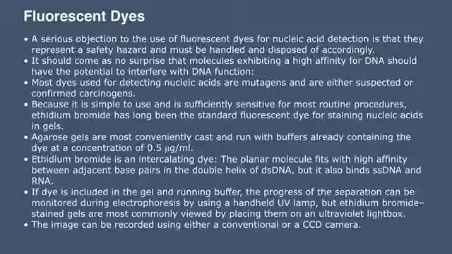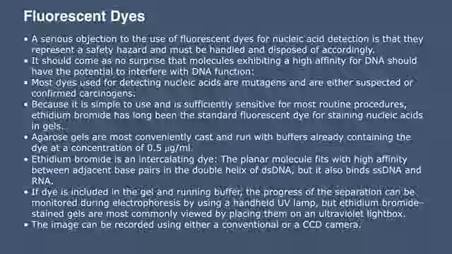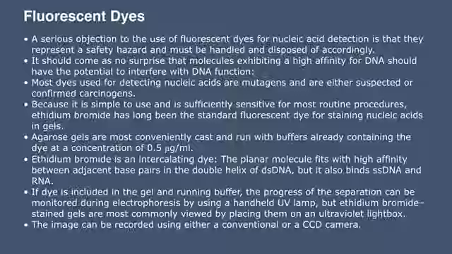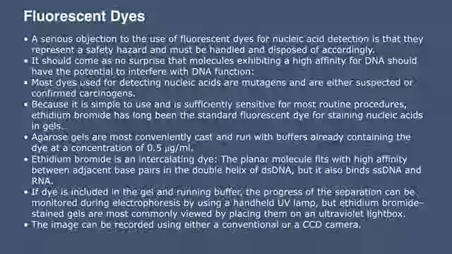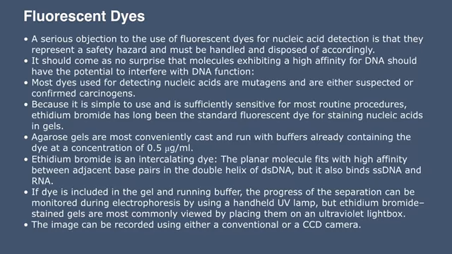If dye is included in the gel and running buffer, the progress of separation can be monitored during electrophoresis using a handheld UV lamp, but ethidium bromide stained gels are most commonly viewed by placing them on an ultraviolet light box. The image can be recorded using either a conventional or a CCD camera.